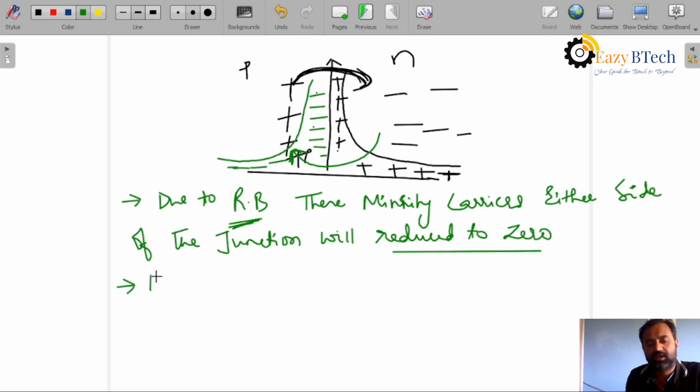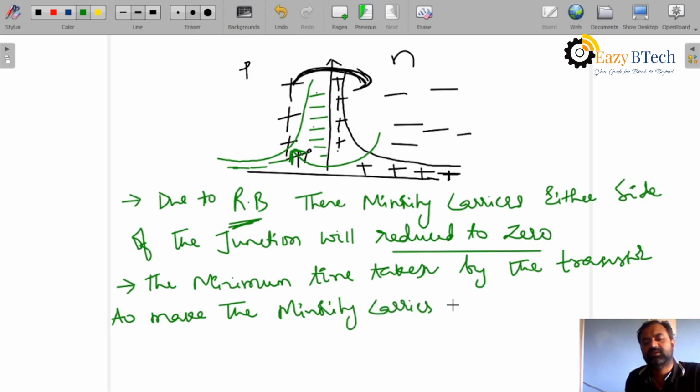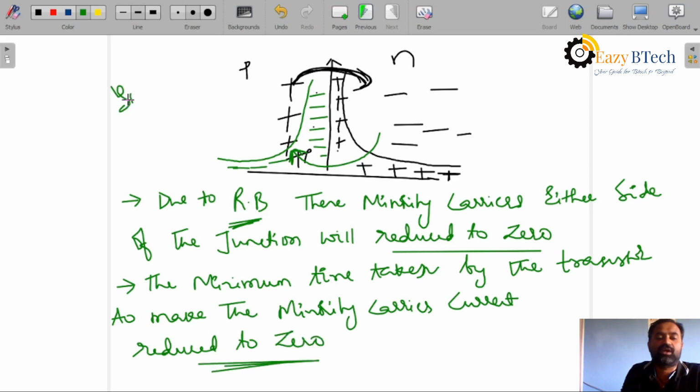It means the minimum time taken by the transistor to make the minority carrier current reduce to zero, that time period is known as a storage time.